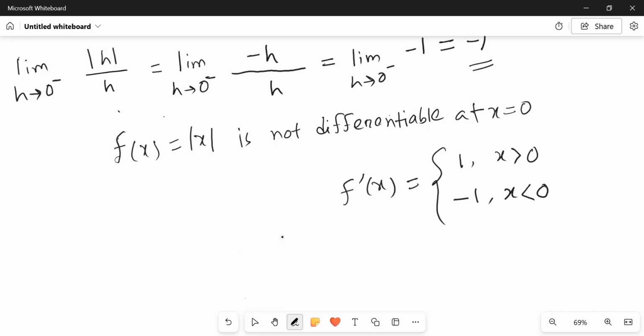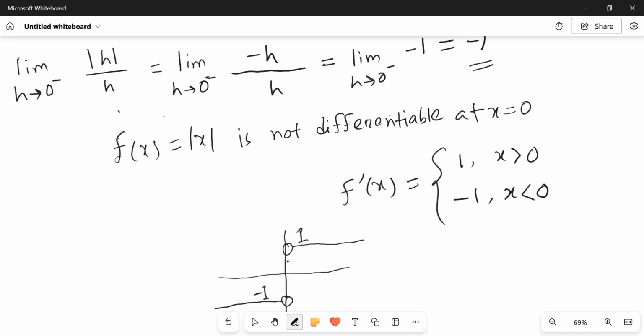So the derivative here is 1 and minus 1 for the two directions. If we want to see it graphically, it looks like this: this is 1 and this is minus 1, and we made an open circle here.